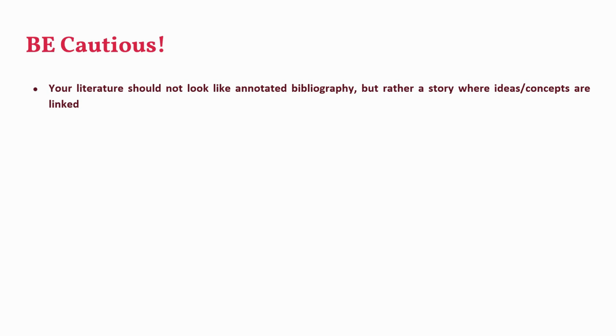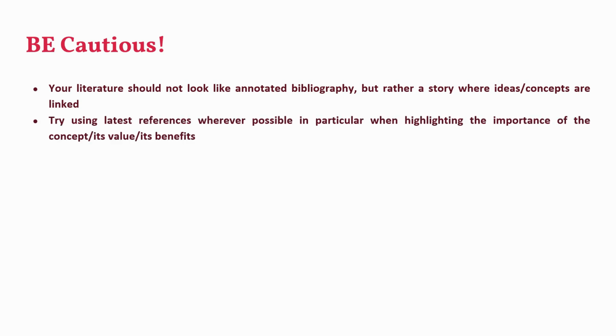This will not get you published. It should be a story where ideas are linked with each other, where concepts may contradict or complement each other. Try to use latest references wherever possible. And whenever possible, in particular, highlight the importance of the concepts, highlight its value, highlight their benefits.